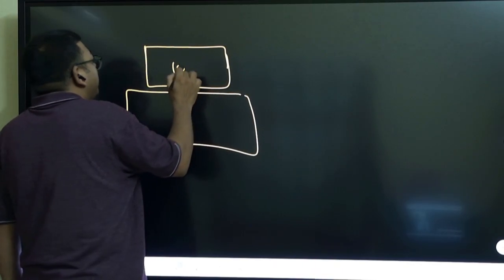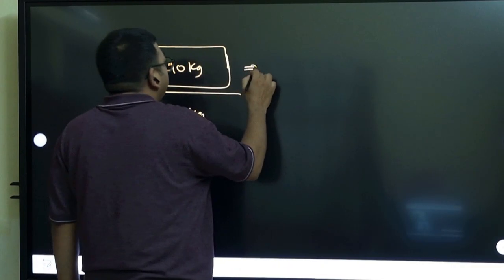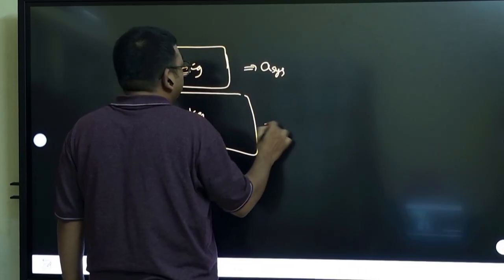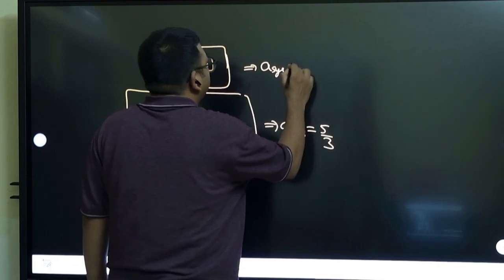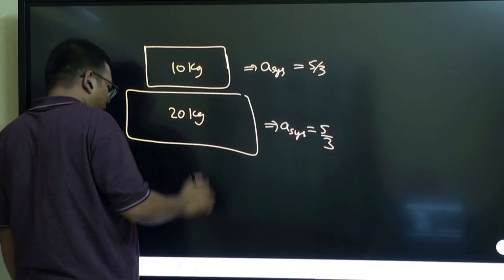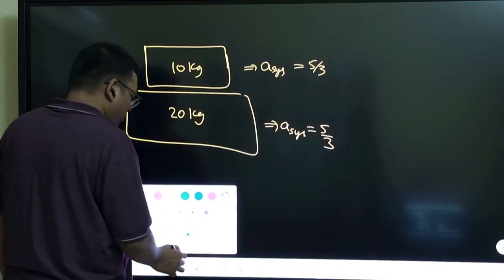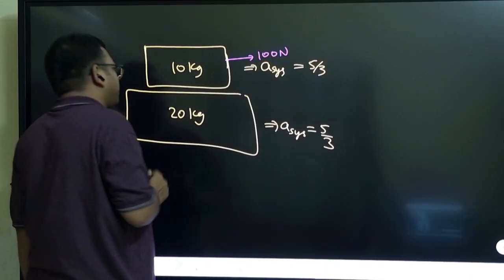So that was 10 kg and this was 20 kg, and they are going with the acceleration of this system, which was 5 by 3. Now they are going together, and you have applied a force here of 100 Newton. Correct?